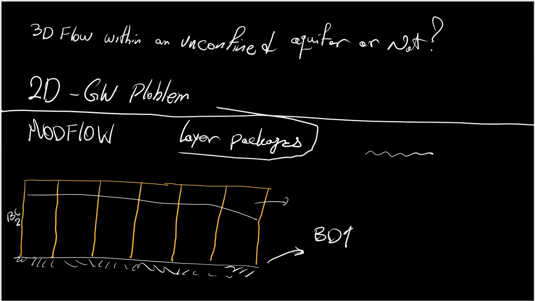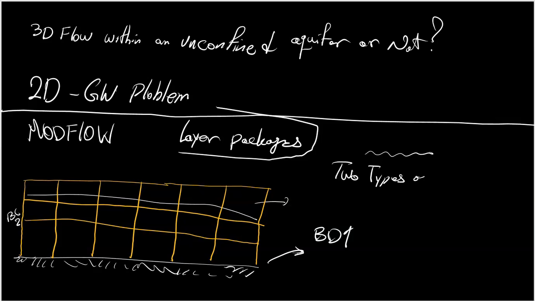If, instead of having one layer, I define vertical layers like this, then the layer package that we have in MODFLOW lets us consider technically two types of cells.